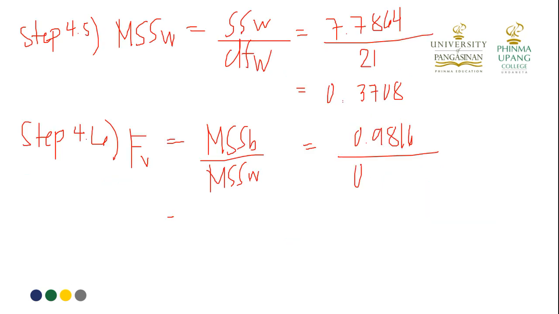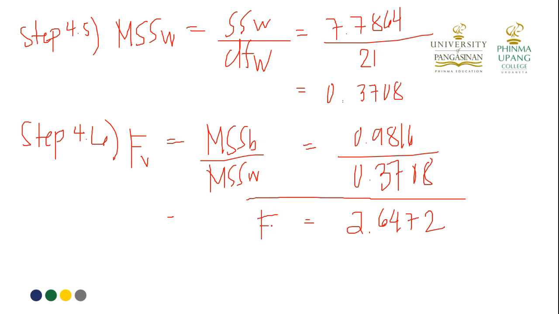Tapos 0.3708 yung SSW. Ilan yung sagot dito? 2.6472. Yan. So this is what we call F value. Kung meron tayong Z value, meron din tayong F value.